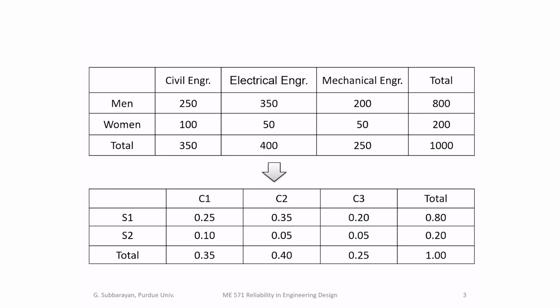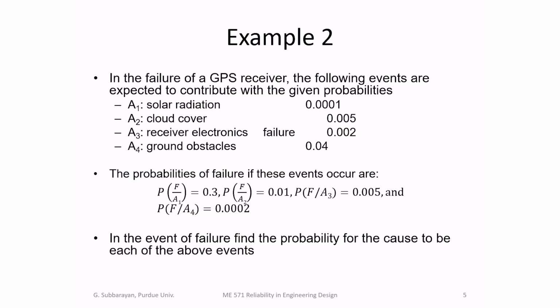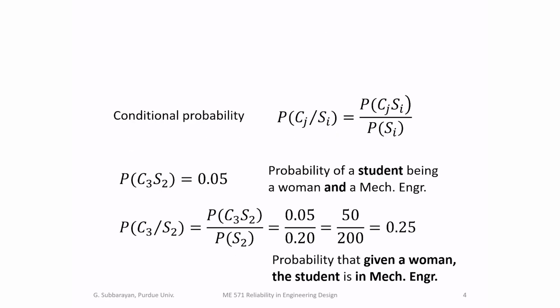Then we ask the question, what is the probabilistic description of the verbal statement? What is the probability that a student would be a woman and in mechanical engineering? We interpret that as the probability of event C3 and S2.